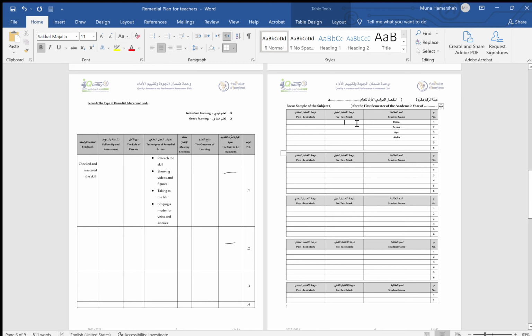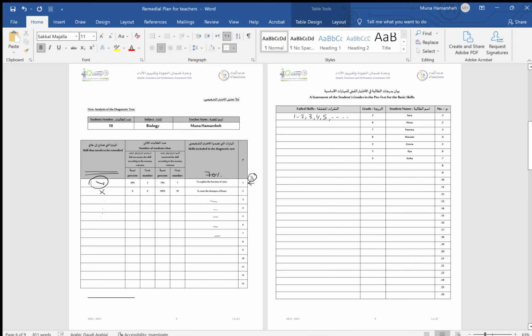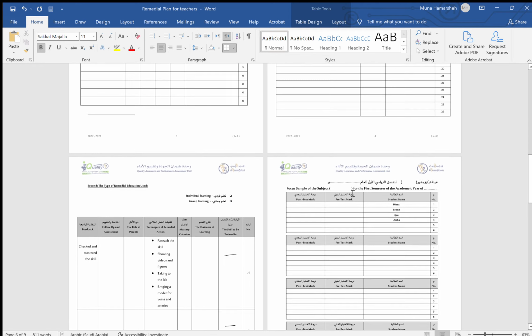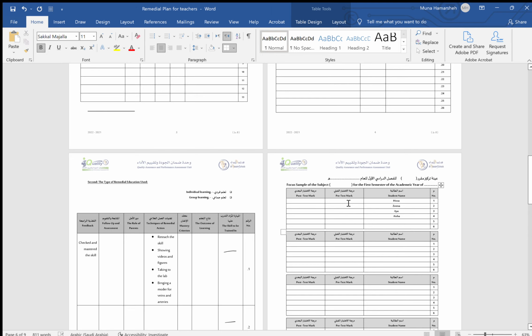Okay? And then I will put how much each got. Hessa got 6, Zaina got 2, Aya 1, Aisha 5. So 6, 2, 1, and 5. Those are the marks of these students in the diagnostic test.